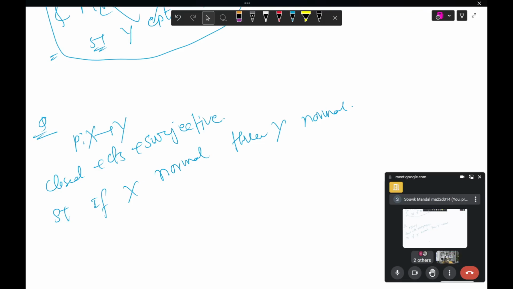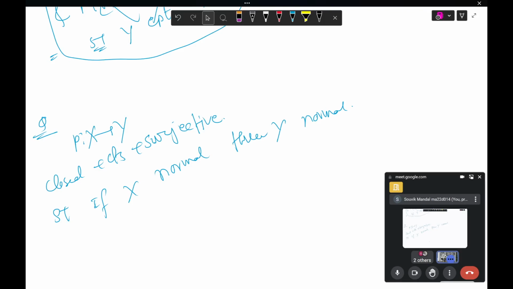Both are disjoint closed subsets of X, and as X is normal, we will get two disjoint open sets U and V such that p inverse A is a subset of U and p inverse B is a subset of V, where U intersection V is empty. Very nice.